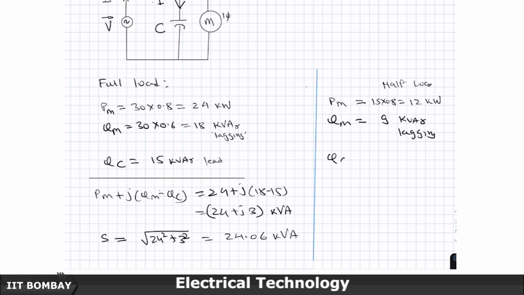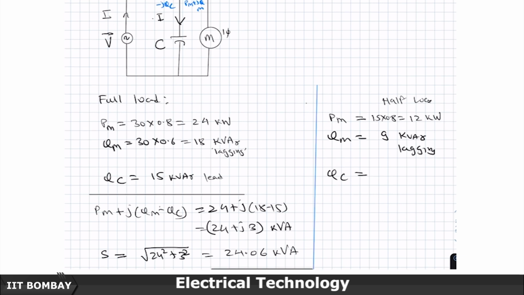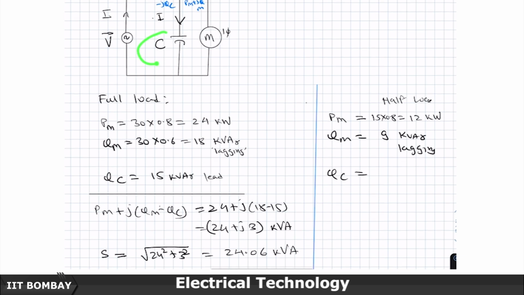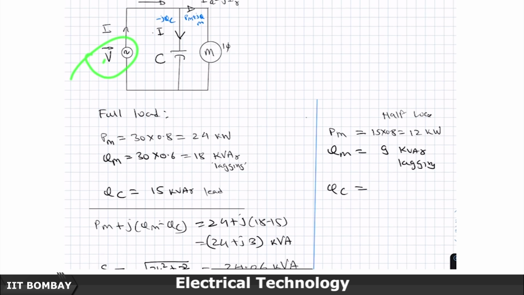Since the capacitance used for compensation is a fixed capacitor, it is not being changed, and since the supply voltage is also fixed, the 15 kVAr lead will be the capacitance compensation, the shunt compensation, which is coming from the capacitor here.